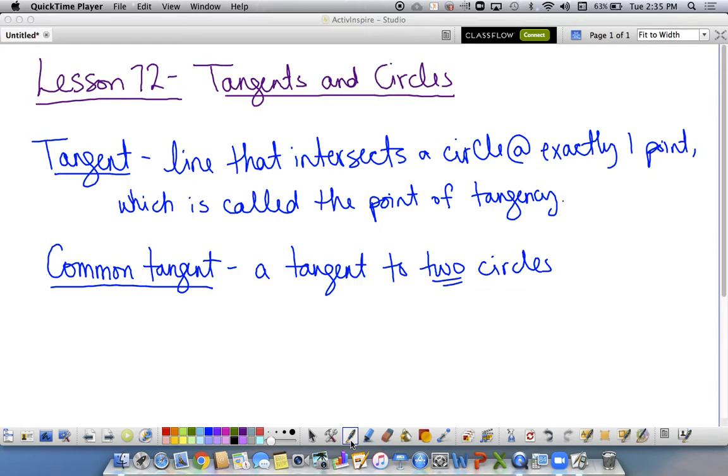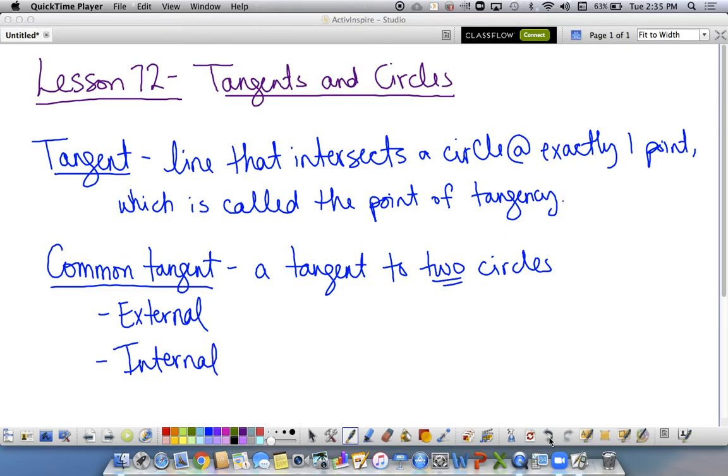And common tangents can be external, meaning on the outside. I don't know how to spell that as I'm talking. I'm adding an extra T. Or they can be internal, on the inside.